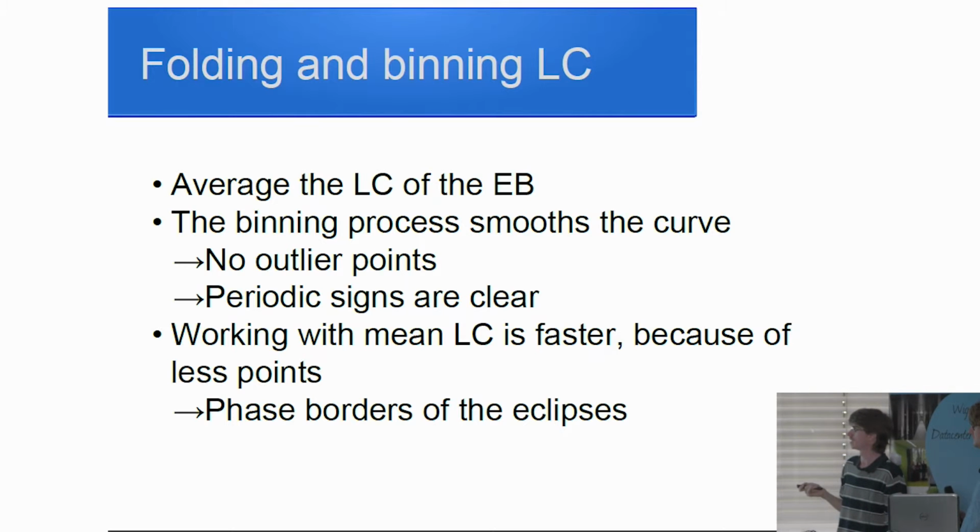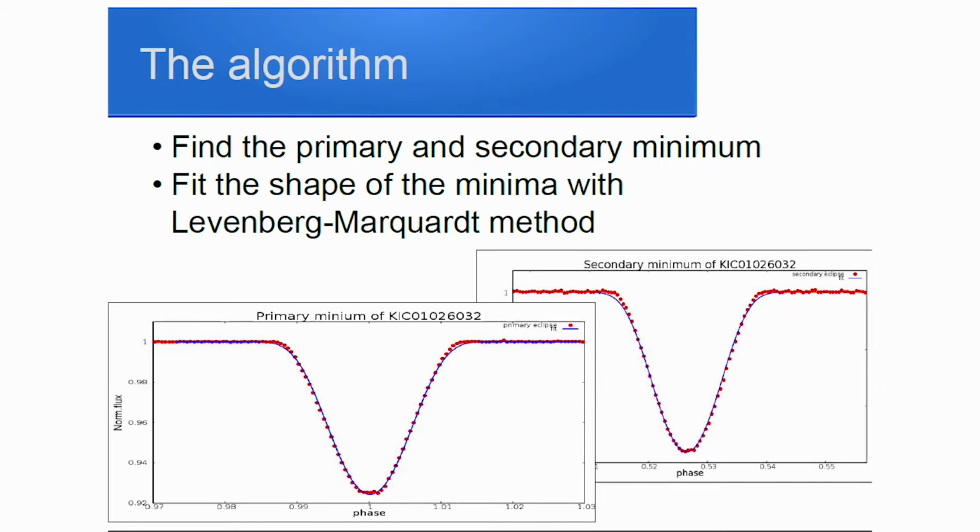Outlier points are removed on the folded binned light curve, small effects are deleted, and bigger periodic signs are clearer. So working with this mean light curve is faster. We have fewer points, and we can work with these folded light curves.